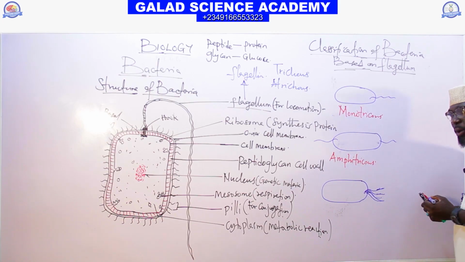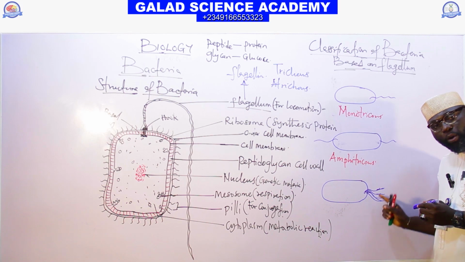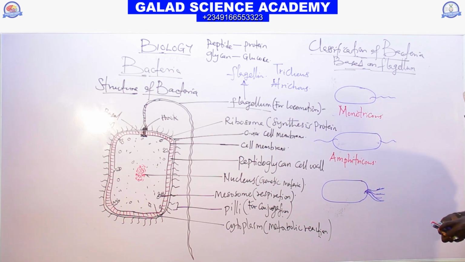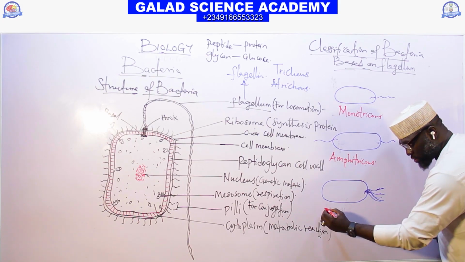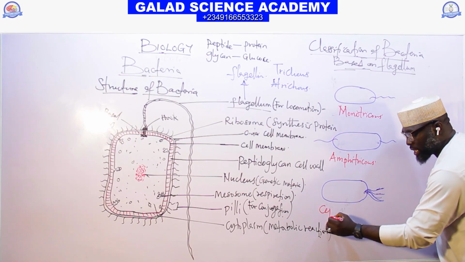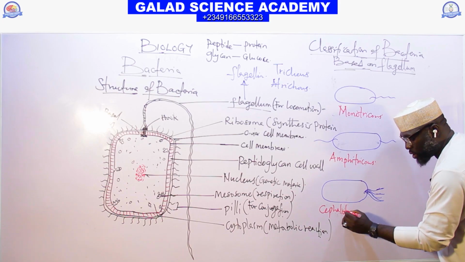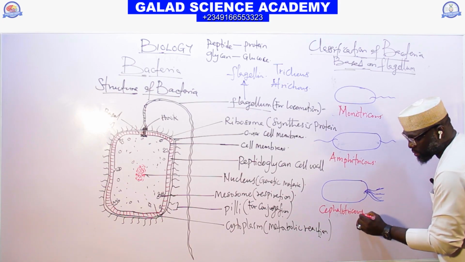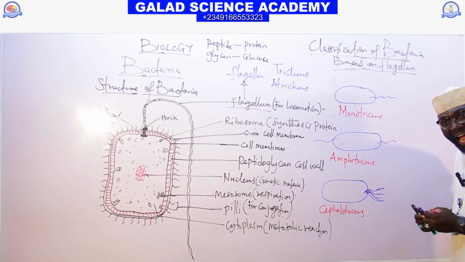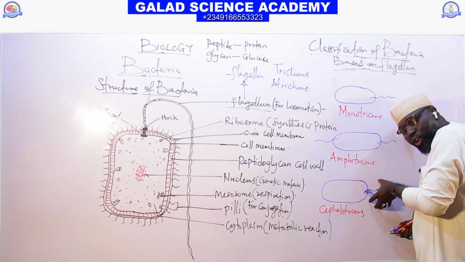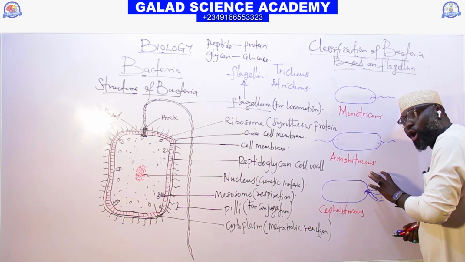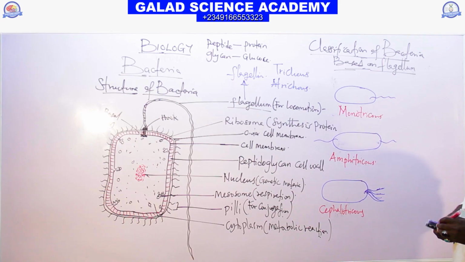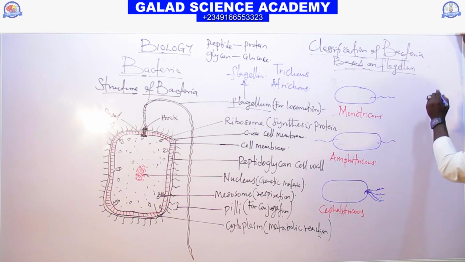If there are two or more flagella at one end of the bacteria, we call it cephalotrichous. A bacteria with two or more flagella at one end is called cephalotrichous.